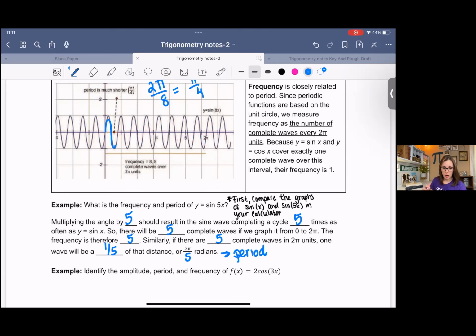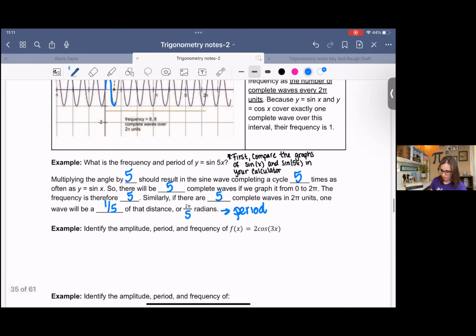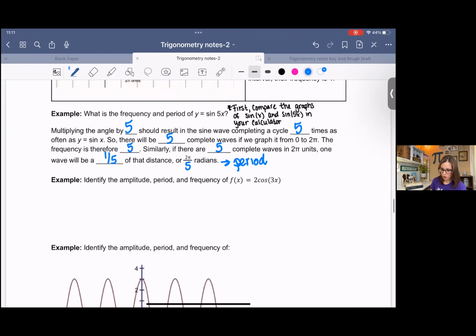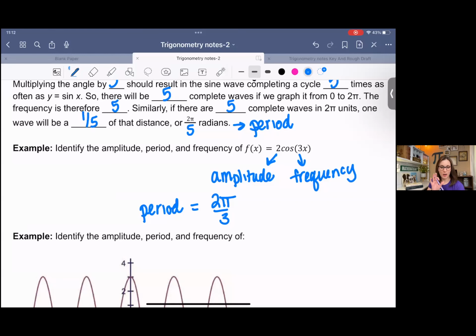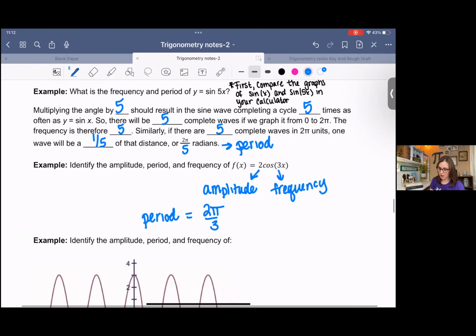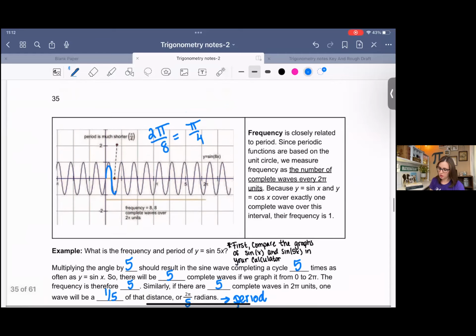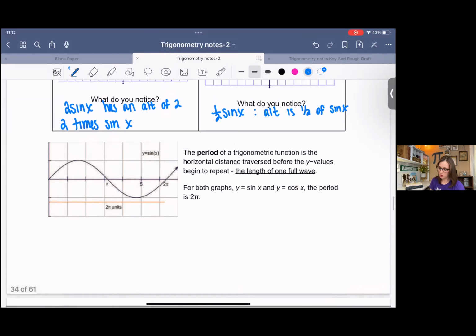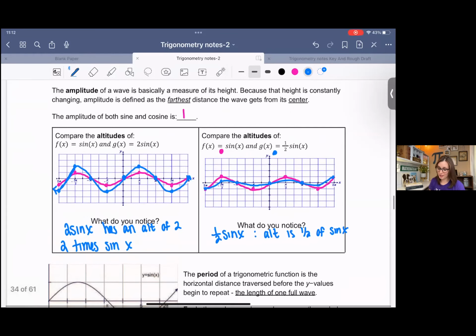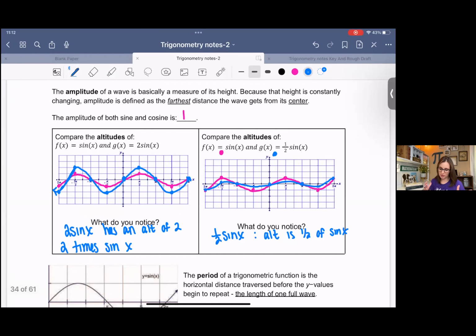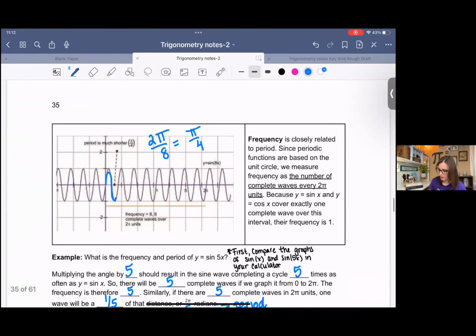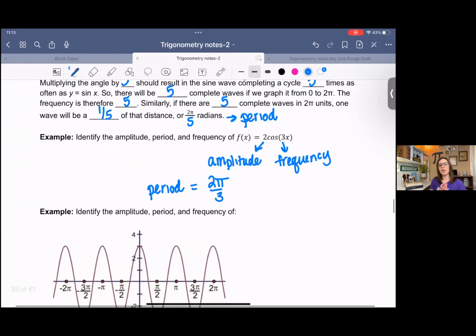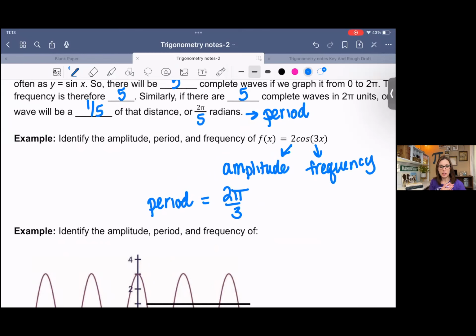So that was 5. All right, so for this example, I want you to identify the amplitude, period, and frequency. Pause it, try it, come back. I just realized, sorry, on the previous page I called them altitudes. I think I meant amplitudes there. Altitude is height, so maybe I was talking about height. Anyway, sorry about that. Down here, the example we're on, the amplitude is 2.